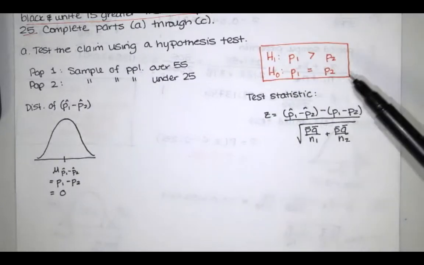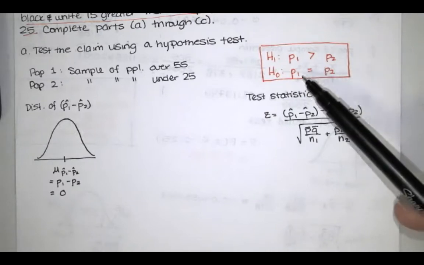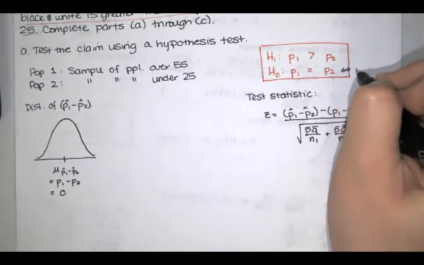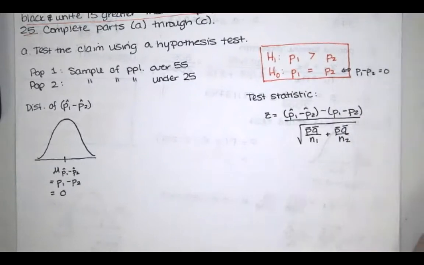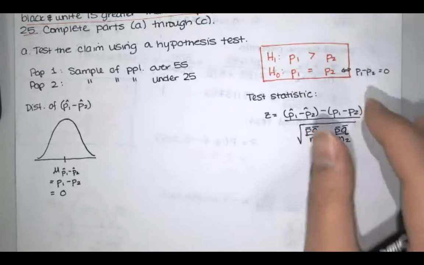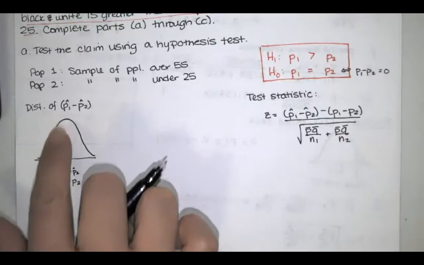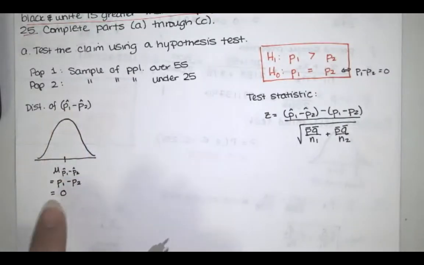And whenever we're testing claims, at least in this class, about 2 proportions, we're always assuming that P1 is equal to P2. Or in other words, we're assuming that P1 minus P2 is equal to 0, which is the same as assuming that P1 is equal to P2. So the mean of this distribution of P1 minus P2 is 0.